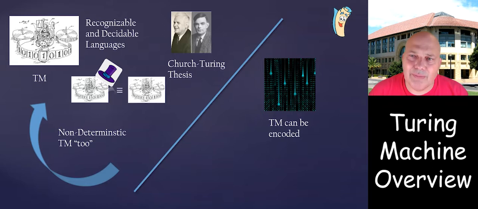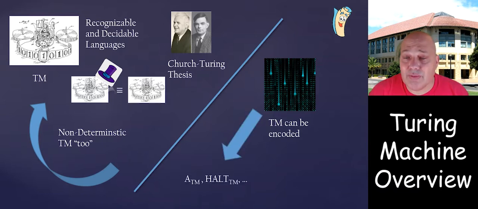Then we will point out a simple property: that Turing machines can be encoded. For every Turing machine, there is a bit string that can represent it. And this simple observation has pretty important corollaries.